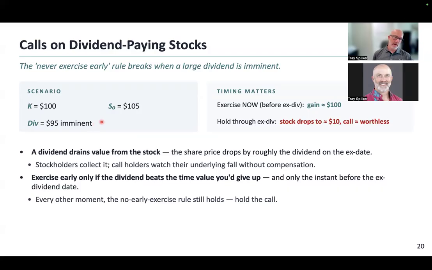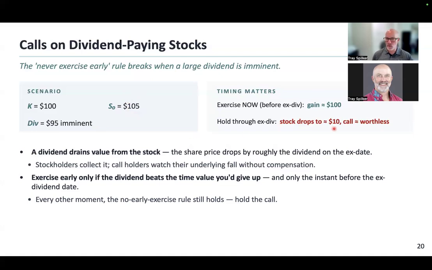If we exercise now, we get the intrinsic value difference, the $5, plus the $95 dividend, because we exercise, receive the stock, and then get the dividend. We receive the stock, we pay $100, it's worth 105, so that's a $5 gain plus the $95. So we gain $100. If we hold the call through the ex-dividend date, we know that the value of the shares must fall by the amount of the dividend, so the shares will drop from 105 minus 95 to $10.